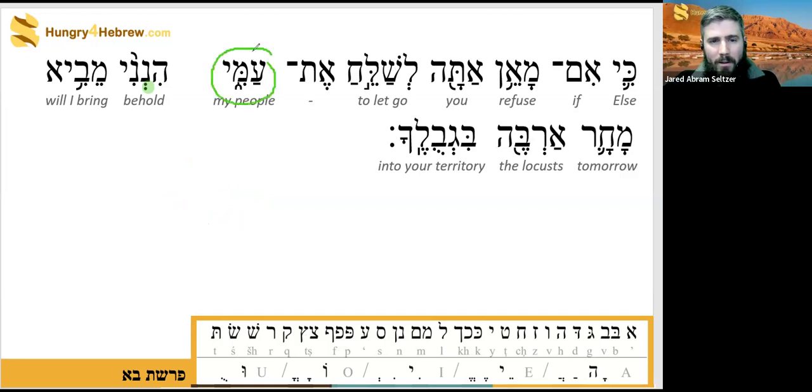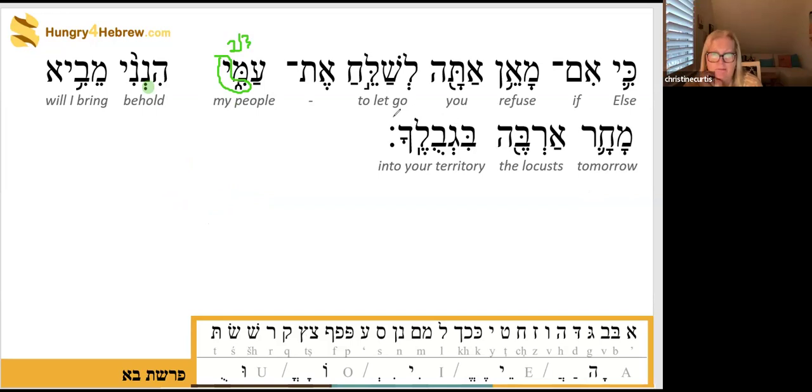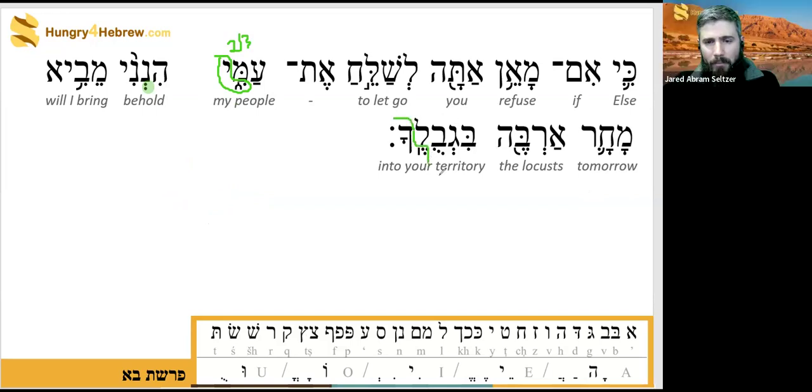Here we get a missing letter. The chirik yod means it's mine, but we only have two root letters, right? Nope, three. Here's 2 and 3 right there with the strong dagesh. And bigvulecha. Do you see a prefix or a suffix on here? Definitely a suffix.